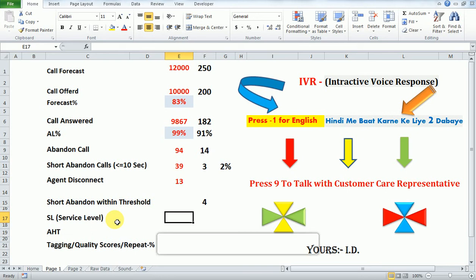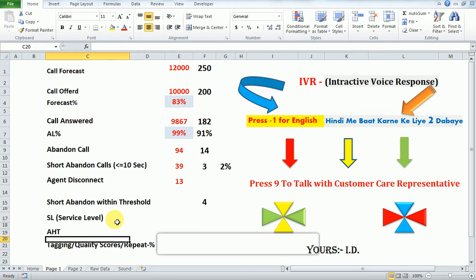The total numbers received from callers is total tagging. I will make a separate video about the unique tagging concept also. Unique tagging means unique number tagging divided by total answered calls minus short calls. Short calls are deducted from answered calls.